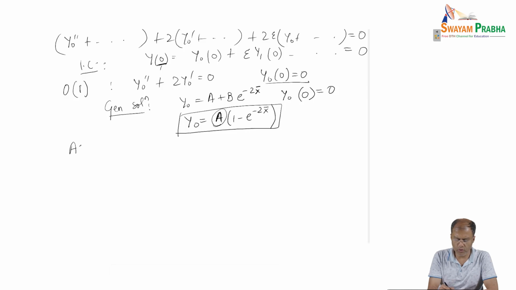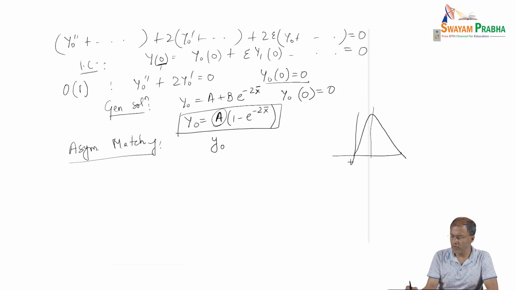We are going to do a so-called asymptotic matching. That is, we are going to match the outer solution and the inner solution at a certain point. We take the outer solution towards the boundary layer, and we take the inner solution outside the boundary layer.